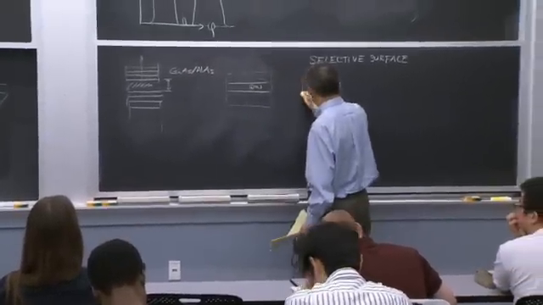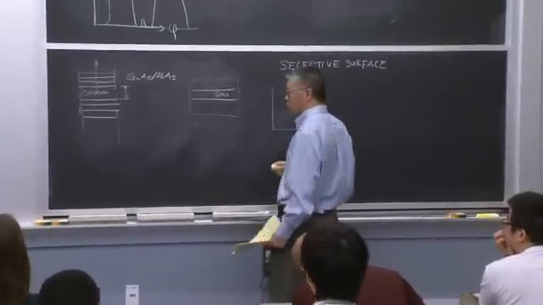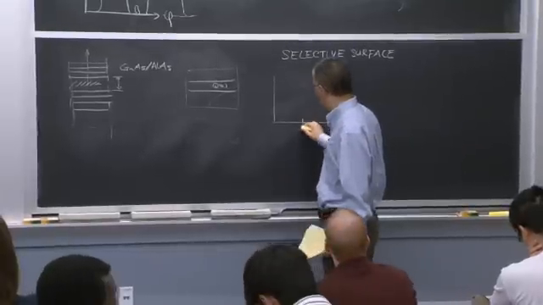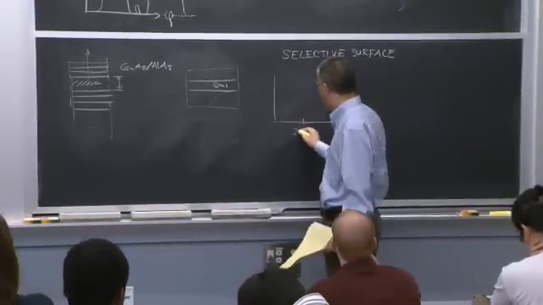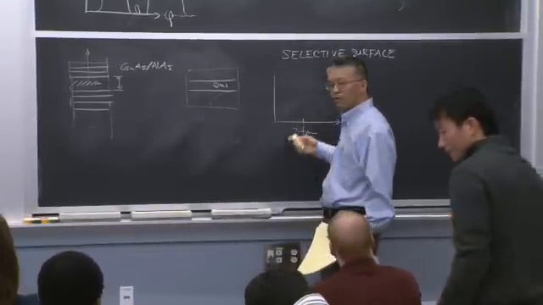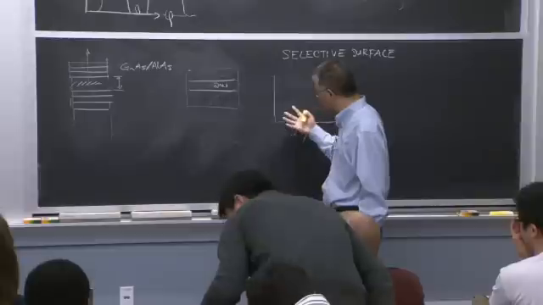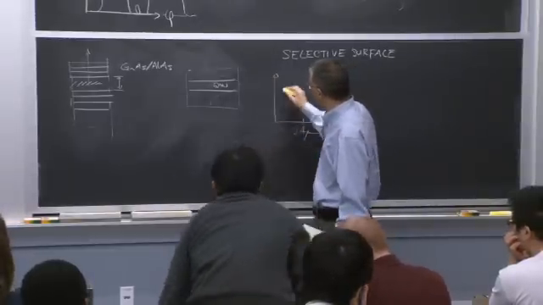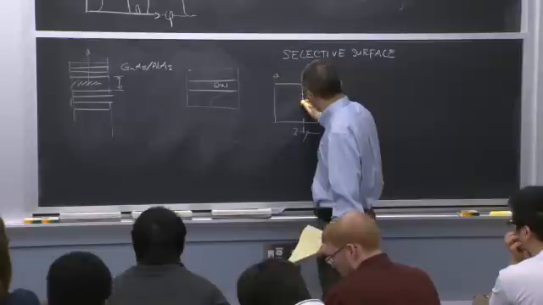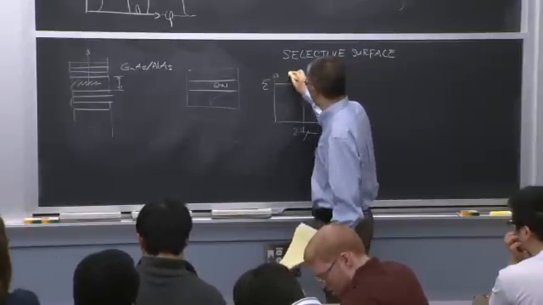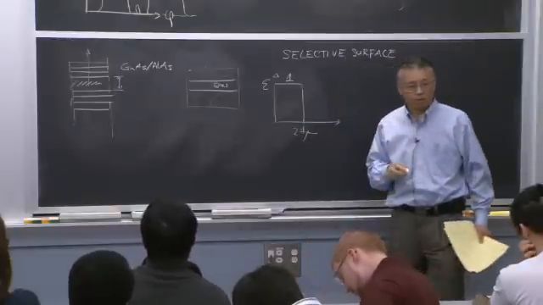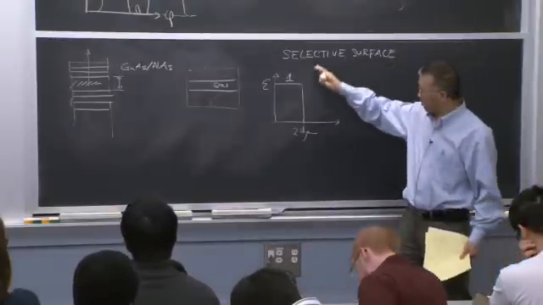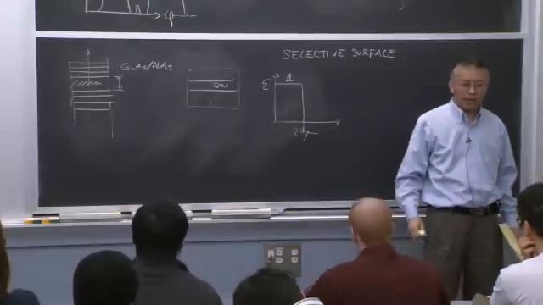So ideally, what do you want? Because the solar radiation is limited to about 2.4 micron, the wavelength of solar radiation is typically less than 2.4 micron. Ideally you want the absorptance, emissivity, equal to 1 for this wavelength, but emissivity equal to 0 beyond that.